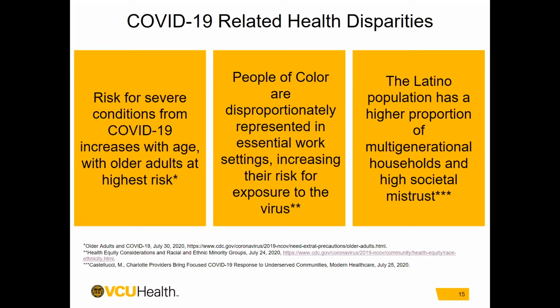And so we know that there are specific risks that our elderly individuals, especially those who live in congregate facilities and nursing homes, are disproportionately impacted because they're at higher risk. But we've also seen that people of color are disproportionately impacted because of the level of representation in essential work settings.